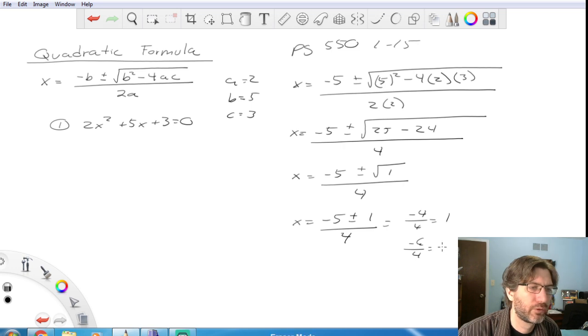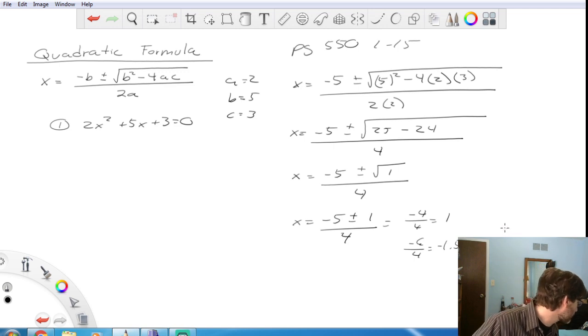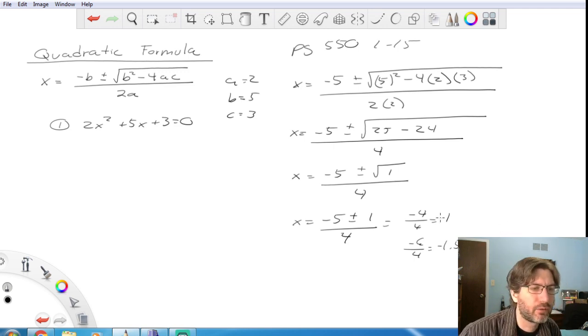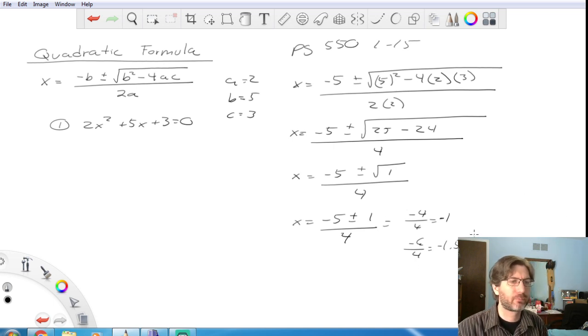No. 6 divided by 4 is not 2. 6 divided by 3 is 2. 6 divided by 4 is, I'm doing horrible here. It's 1.5. And this is negative, because that's a negative 4. So there you go, if that's visible to you.